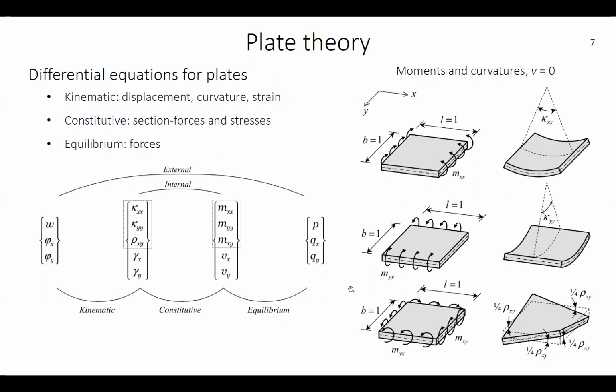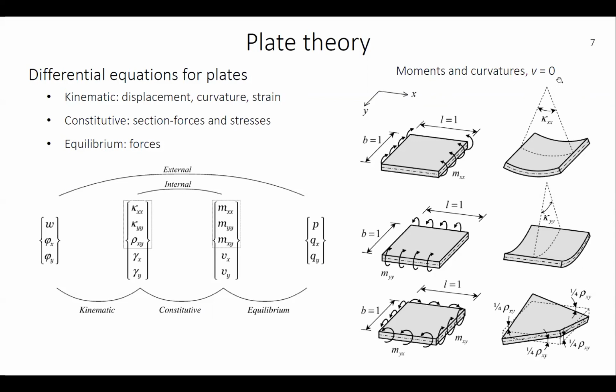If we then look to the moments and curvatures, we look at our slab again. We have a bending moment mx along the y direction, which causes bending like so, and then a curvature kappa xx. This is under the assumption that we have the Poisson's ratio of 0.